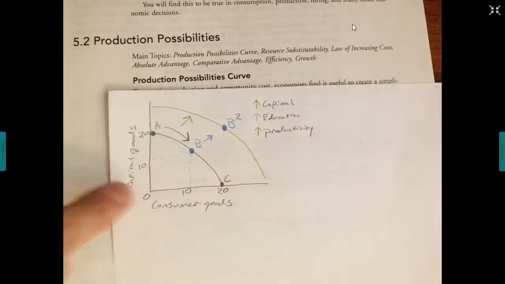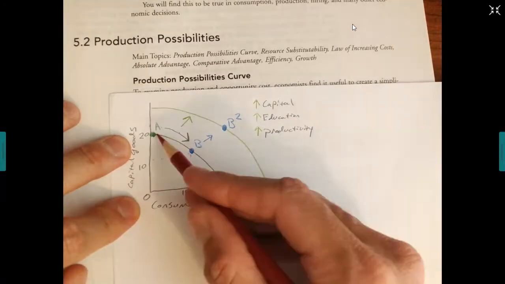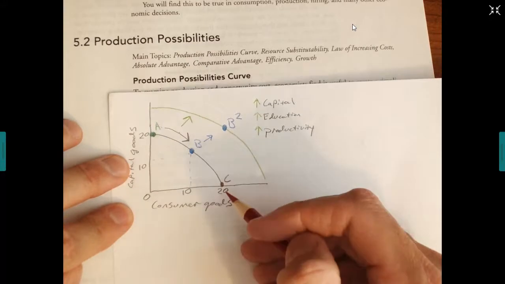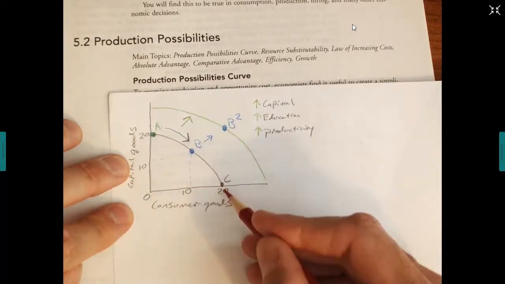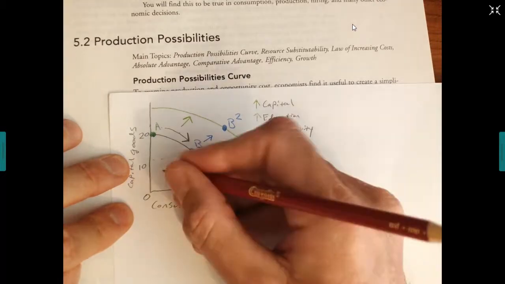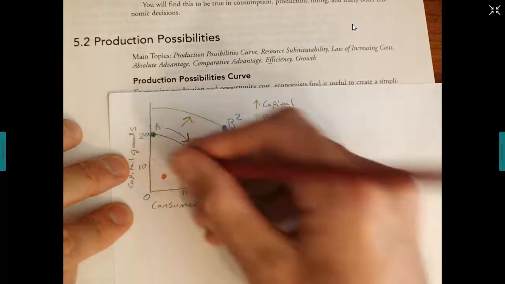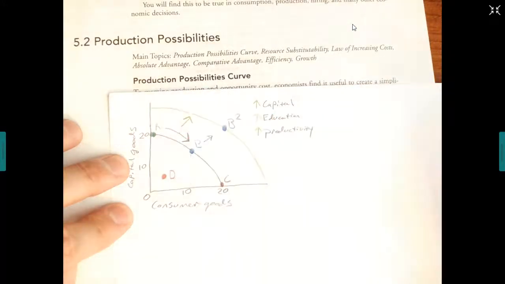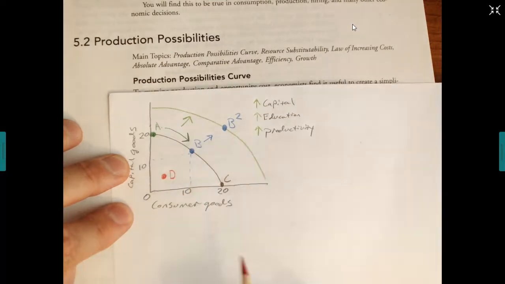But occasionally, the economy has the ability to produce at either point A, point B, or point C, but we're not. We might have the capital, the tools, and the equipment to produce all the way out here, but in reality, we're here at point, let's call this D. At point D, we are producing less than our potential.